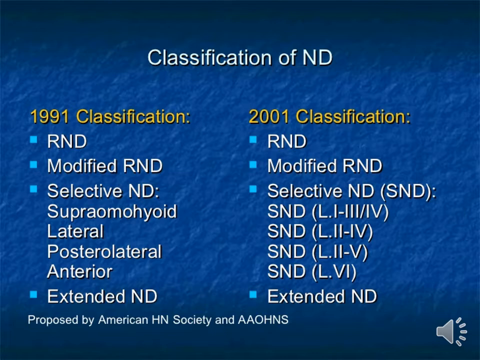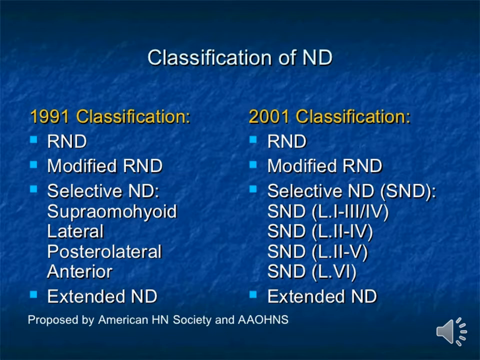The classification of lymph node metastasis and neck dissection. There are two classifications. The first one, from 1991, is radical neck dissection, modified radical neck dissection, selective neck dissection as supraomohyoid, lateral, posterolateral, anterolateral, and the last one extended neck dissection.